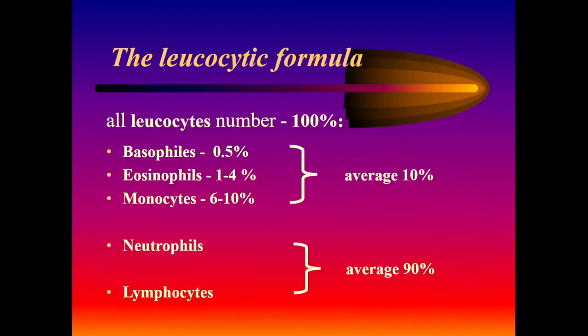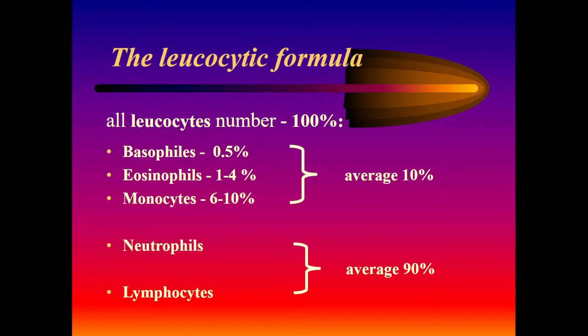The leukocytic formula includes, of all leukocytes, basophils, which in normal are no more than 0.5%, eosinophils in normal between 1 to 4%, and monocytes between 6 to 10%.